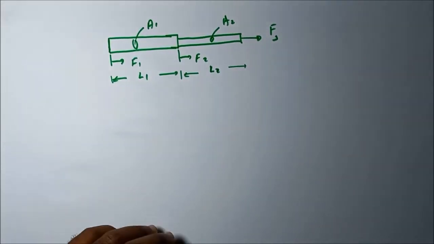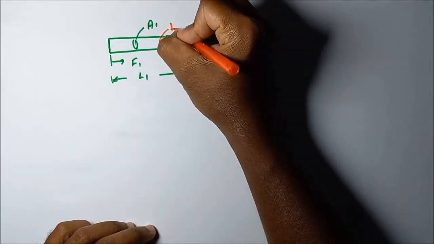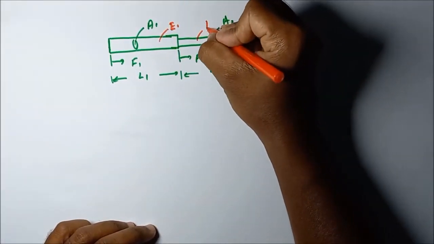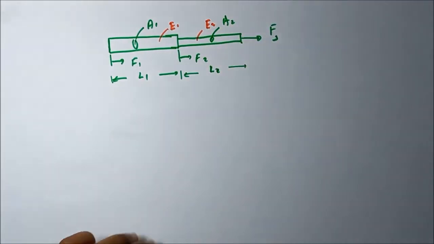The elastic moduli we have taken as E1 and E2. So the bar assembly is given.